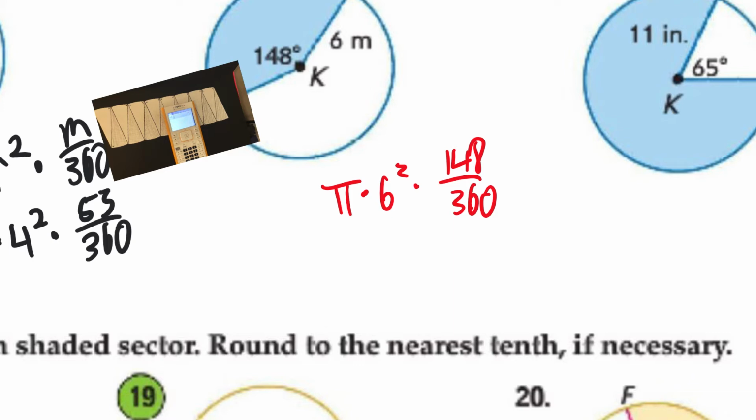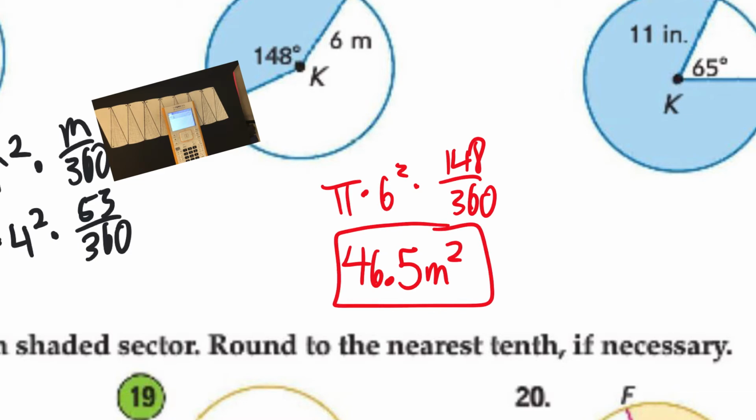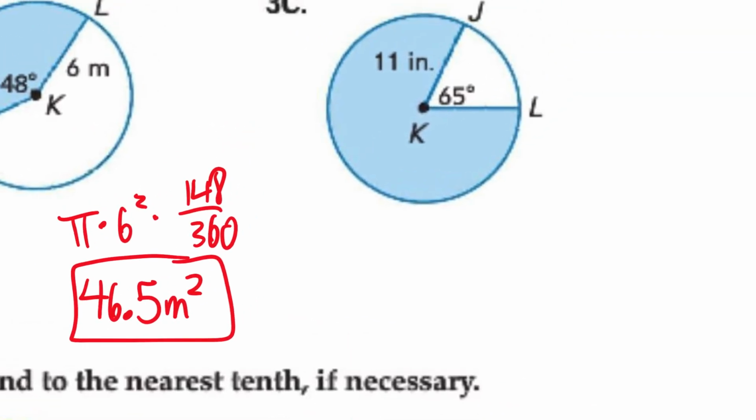What does that give you? 46.495. That's going to round to 46.5 meters squared.